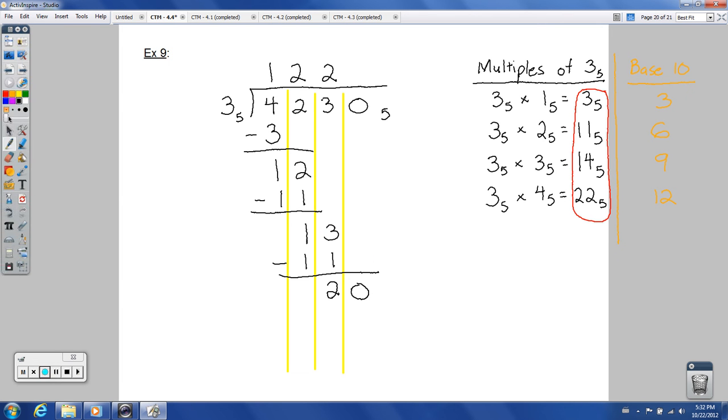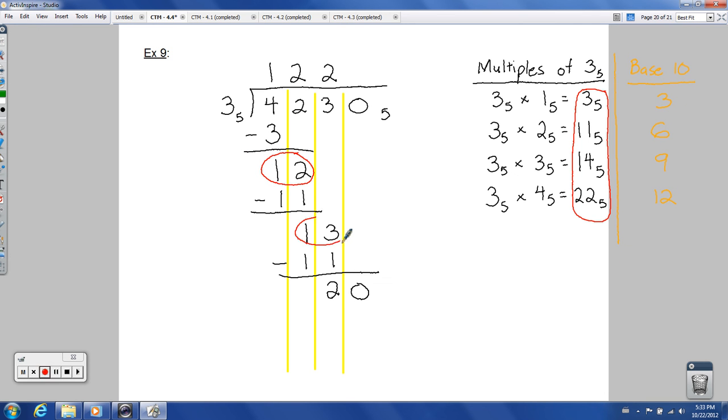Let's make a little note. This red stuff kind of connects with the red stuff over here, so I'm going to put this in red as well. So this one and this one, I feel like you might forget this, so let's definitely write this down. Why did we do what we did here? So for both of these, 3 base 5 times 2 base 5 is equal to 11 base 5.